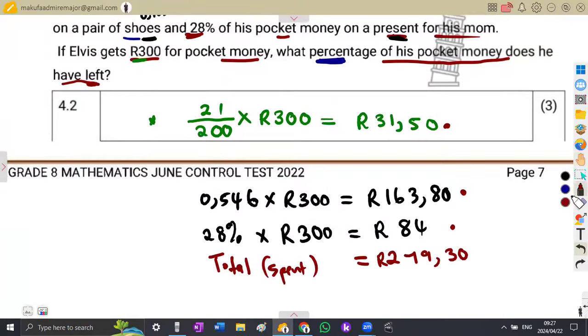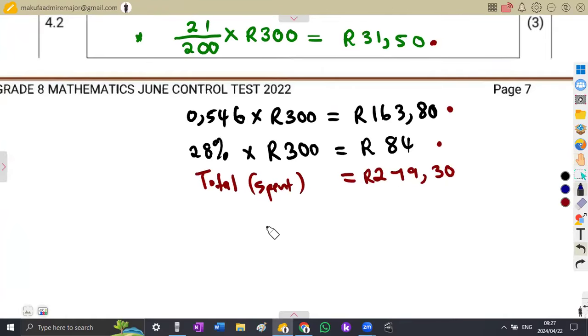But the question is not about the total he spent. No. What percentage of his pocket money is left? So what is left now from what he had? So Elvis is left with what? He had 300 rand in the first place.